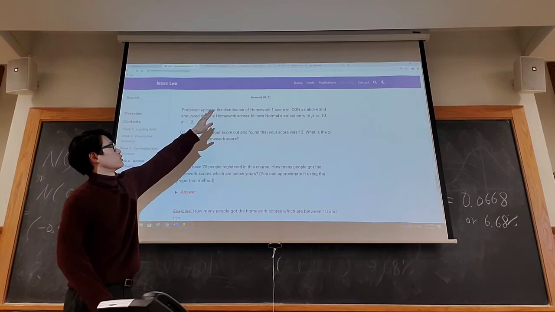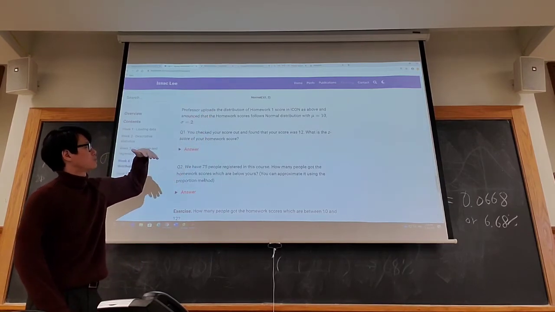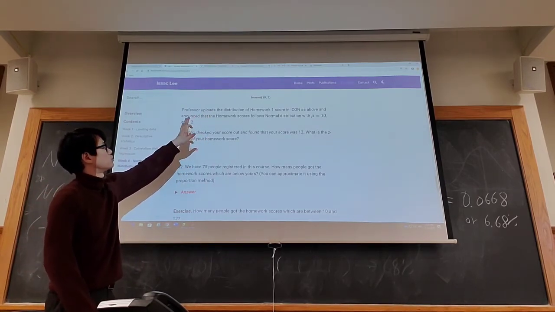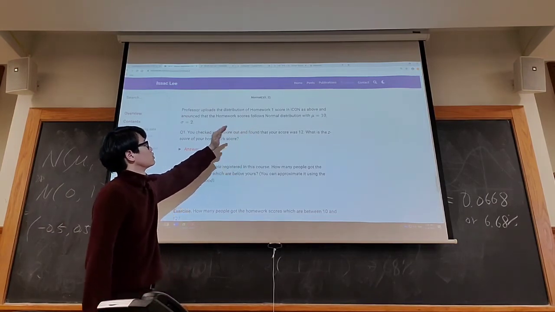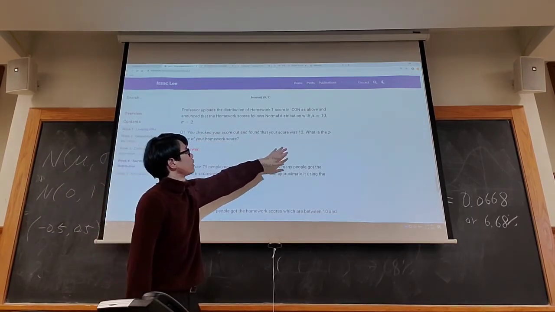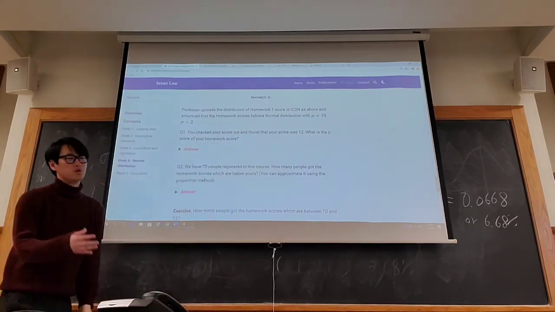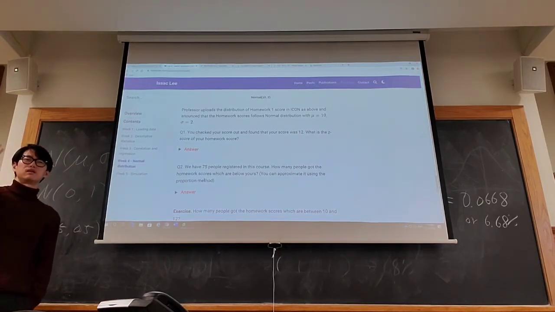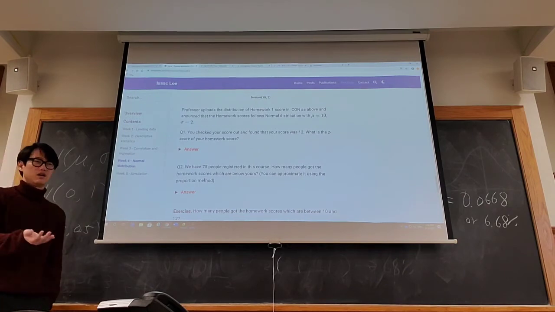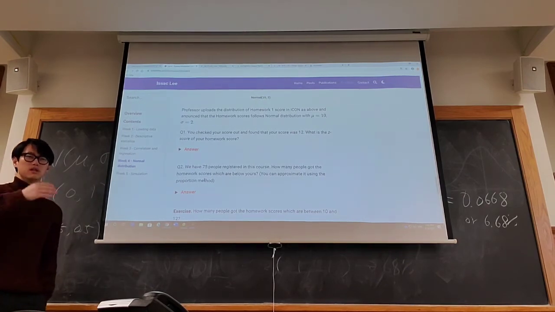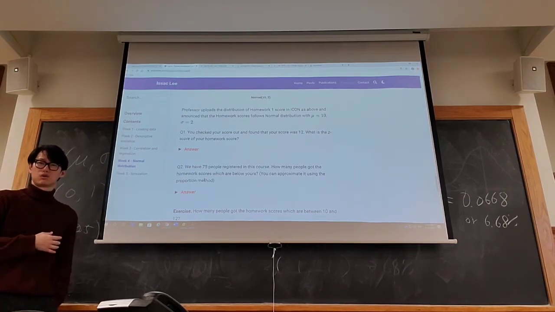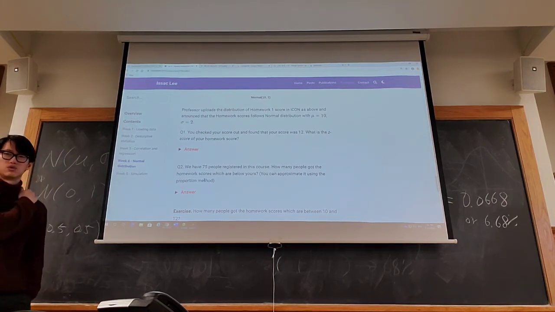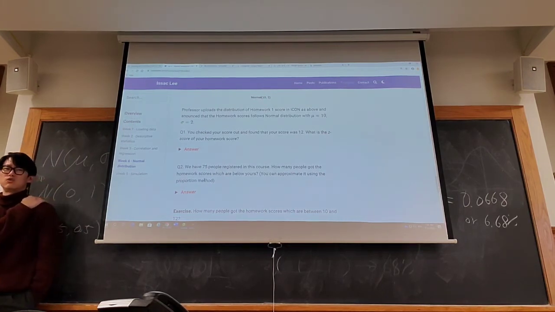So we know that the normal distribution 10-2 is our homework score distribution, and then you went to the icon, you check your homework score as 12. Okay? So you know your homework score is 12, and you want to figure out how many students have a homework score below yours. What did you do? How can you find that?